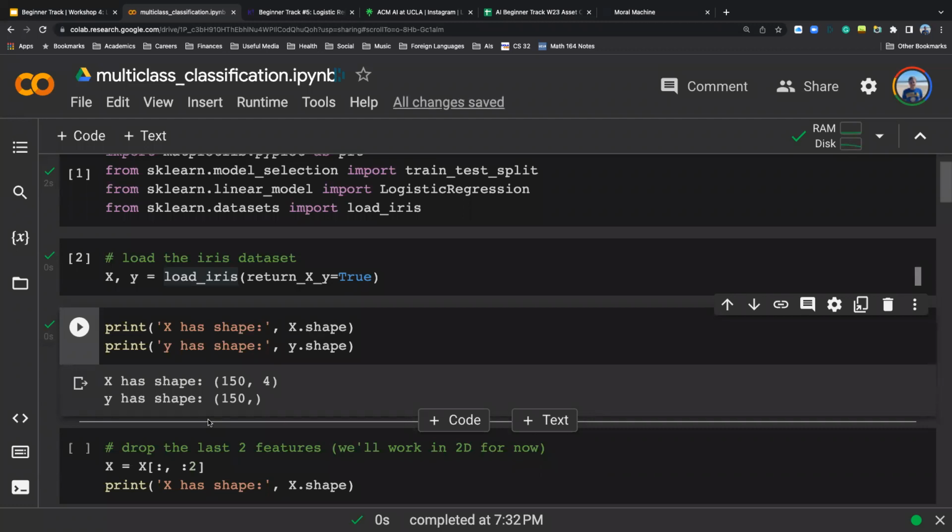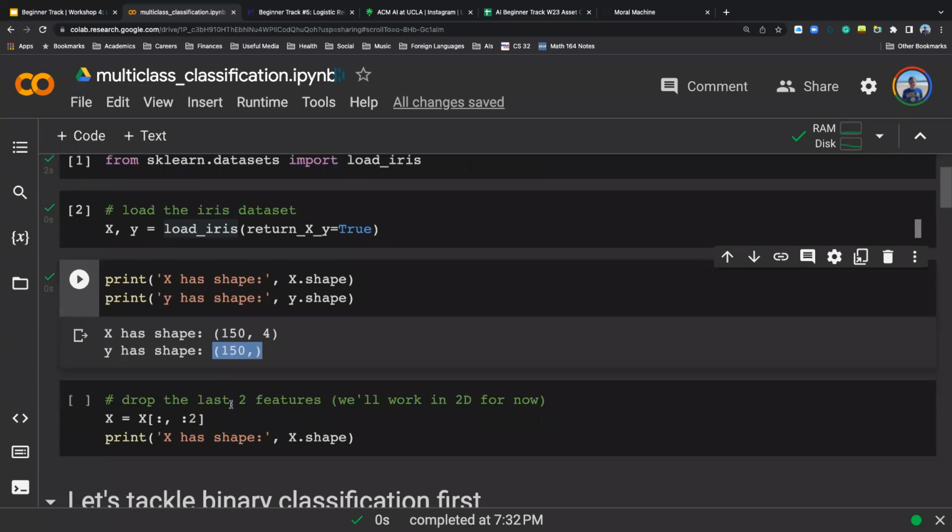It's 150,4. What that means is we have 150 data points in our data set, and each data point has 4 features. And Y has shape 150, which means Y has a label, and there are 150 of them because we have 150 data points.